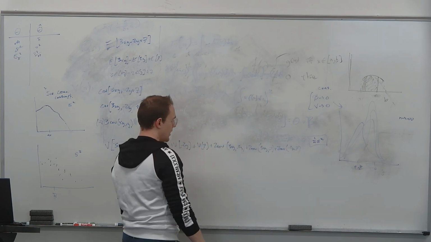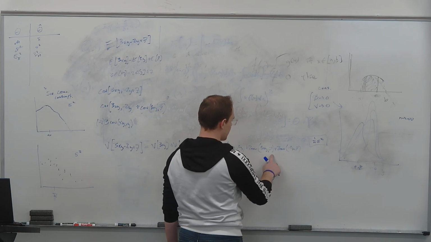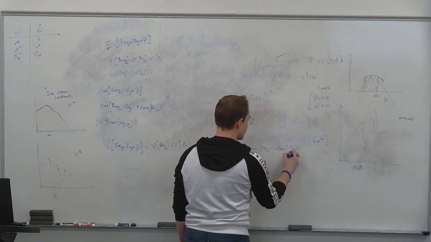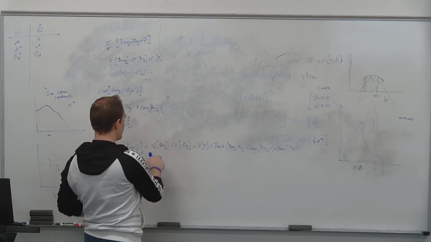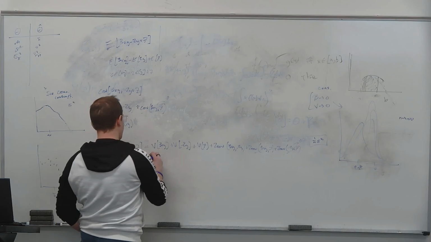Thankfully, something covarying with a constant just goes to 0, so we don't have to worry about those. When you pull something out of a variance, you actually have to square that constant.